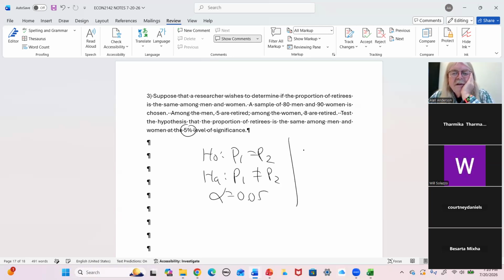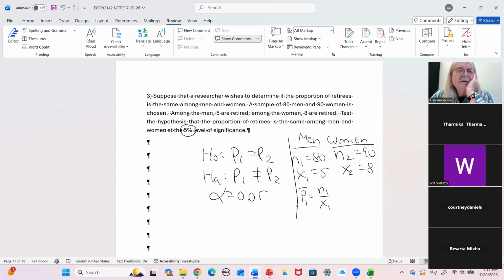So what do we know? 80 men, 90 women. 5 men are retired. 8 women are retired. Oh, wait, sorry, I got it backwards.